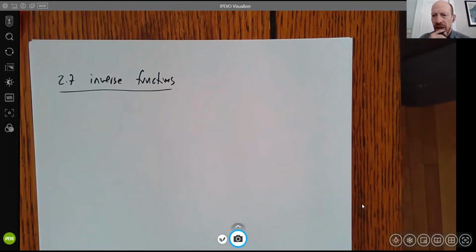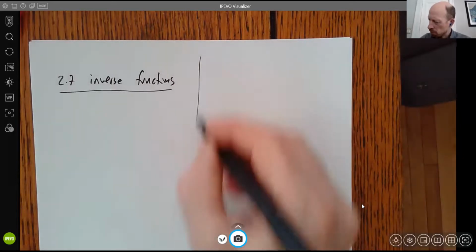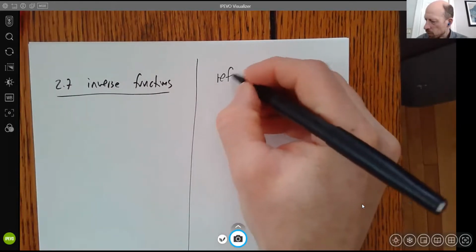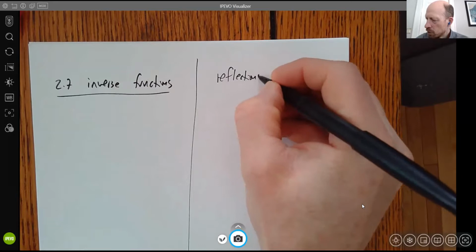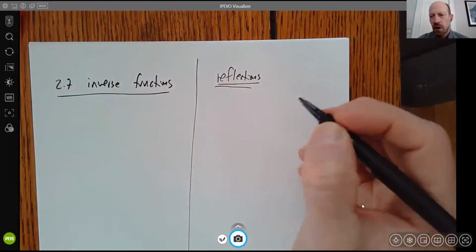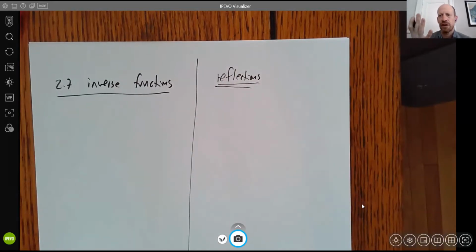So an inverse function, so reflections are where we take a graph and we mirror it over. There are different ways of doing reflections, but the easiest reflections for us are mirroring it over the y-axis or the x-axis.